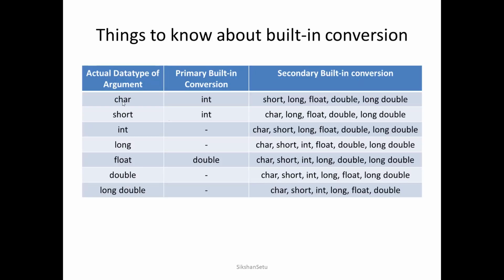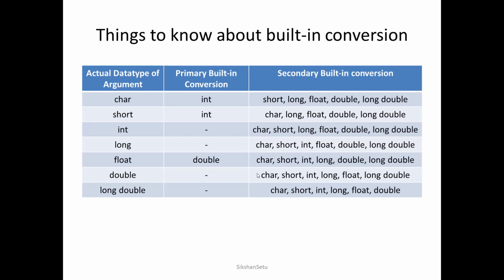Likewise for short integer, short can be converted into integer first, and if short and integer both are not there, then any of this can do, but only one. It should be unique. If more than one, then it will generate the ambiguity error.